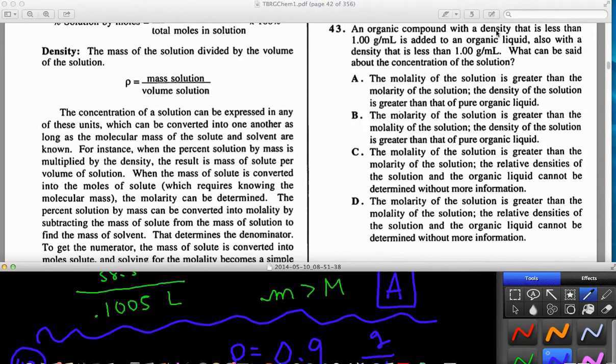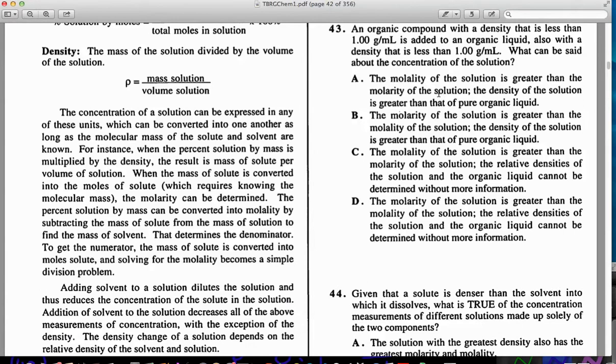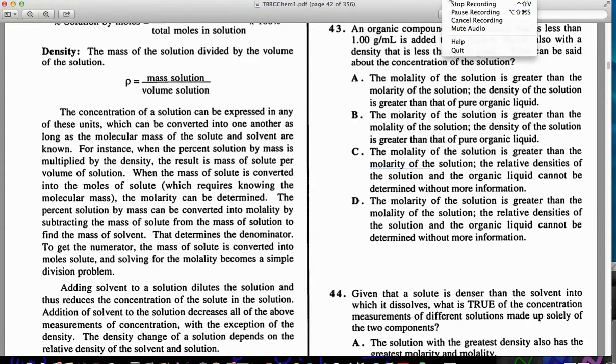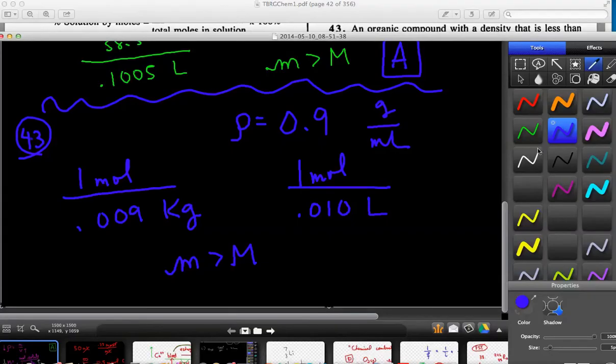There's no way you can determine which of those two solutions has the greater density. You just know they're both less than 1. So get rid of A, get rid of B, and let's go with C. Molality should be greater. So that is response C on the answers.